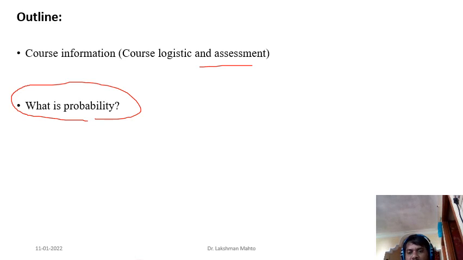It is one kind of thing that we need to measure randomness or uncertainty. Probability provides a very interesting tool to measure uncertainty or randomness. That's why, from that perspective, I will discuss probability in detail.